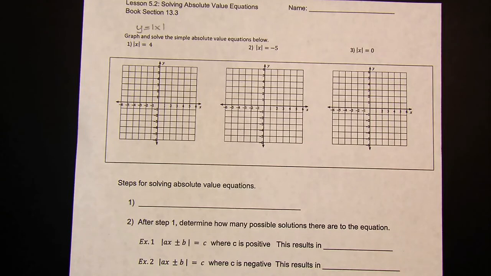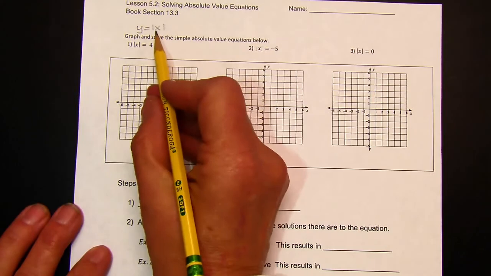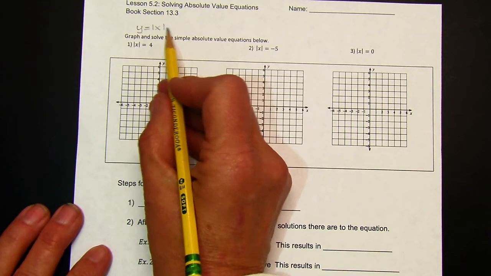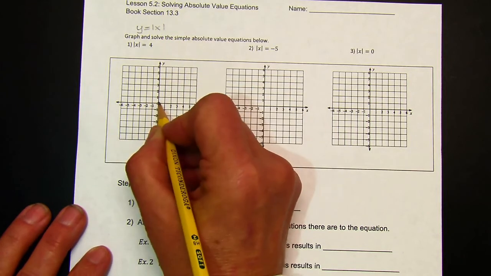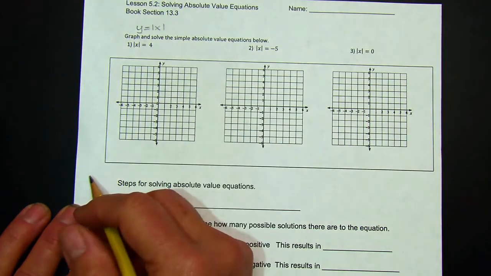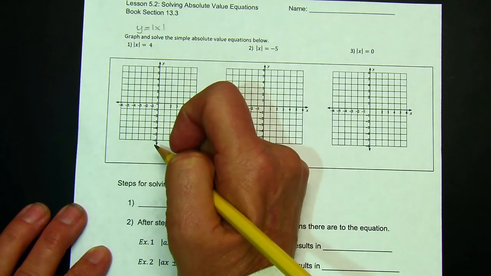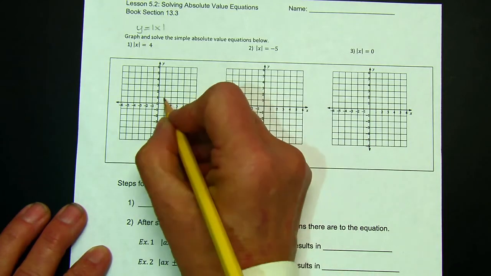We know that that has a vertex where? Where does that absolute value function have its vertex? 0, 0, right? The vertex is 0, 0. 0 would make that inside the absolute value 0, and there's nothing being added. So that has a vertex of 0, 0. What are the slopes? 1 and negative 1.